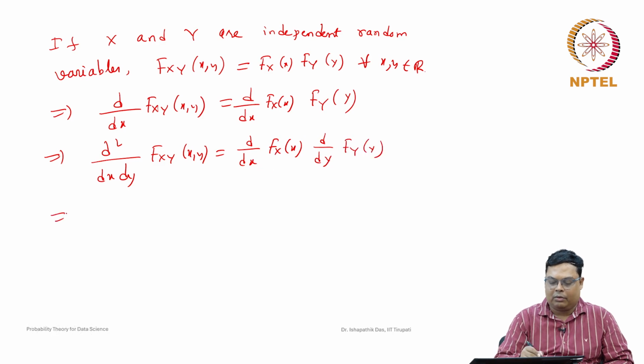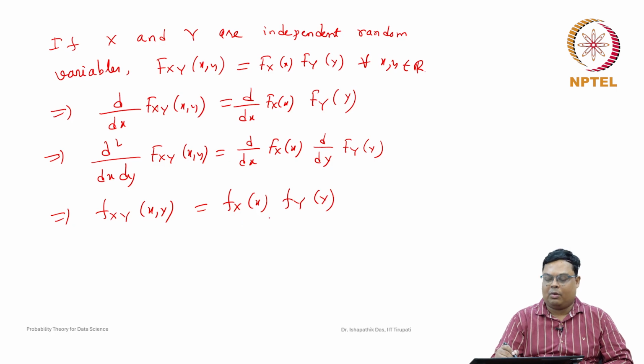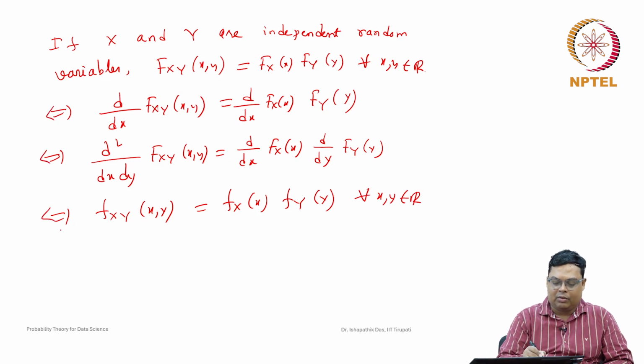Now what is the left-hand side? It is the joint probability density function. The right-hand side is the product of the marginal probability density function of x and the marginal probability density function of y. Hence this is true for all x, y belonging to R, so this is an equivalent condition.